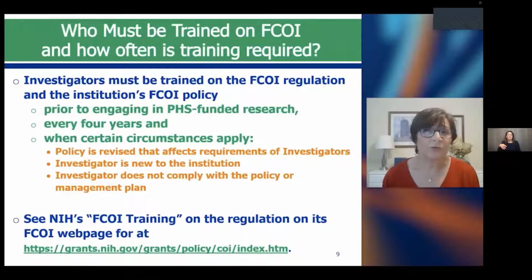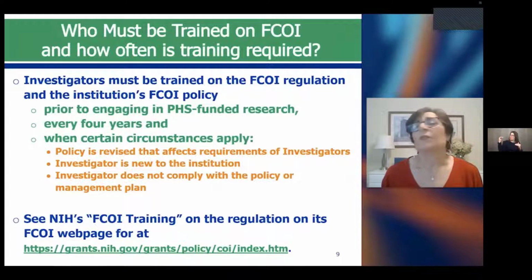Again, like I told you, the regulation is very prescriptive in the requirements that institutions must implement to comply with the regulation. One of the requirements is to train investigators about the FCOI regulation and about the institution's FCOI policy. It's important that investigators understand the institution's policy because your policy may be more restrictive than the regulation.